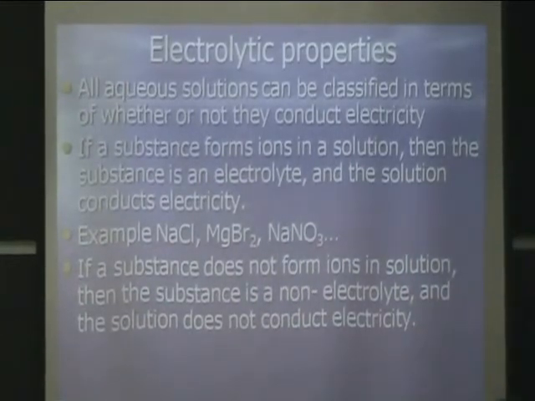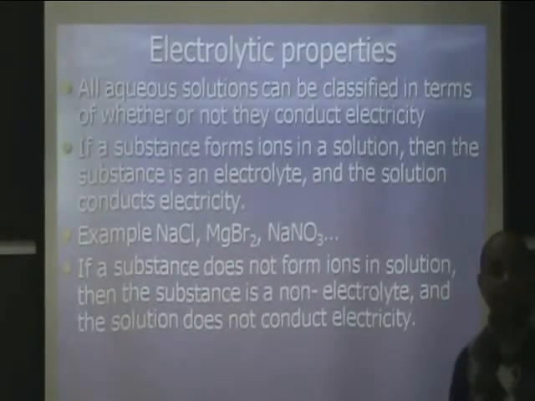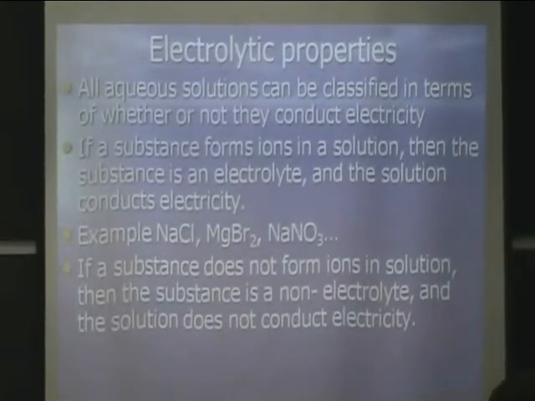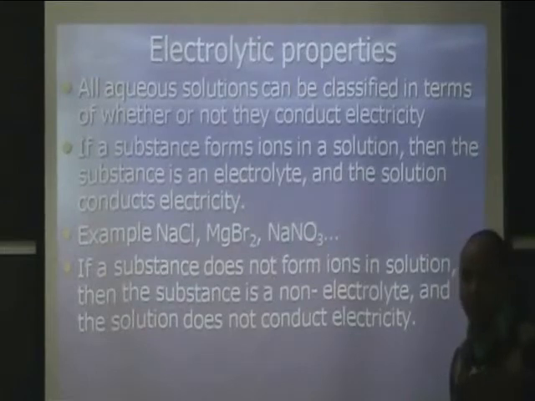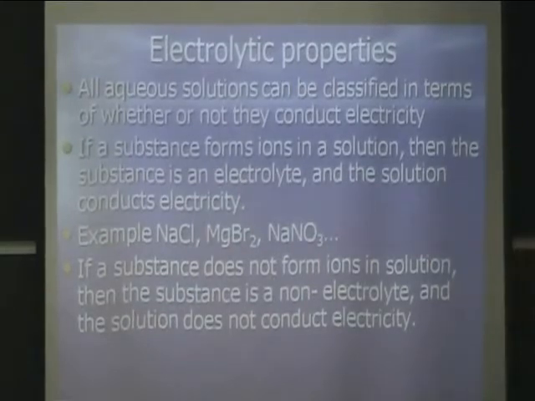Now, if a substance doesn't form ions in a solution, we call that substance a non-electrolyte. And the implication is that the solution doesn't conduct electricity. So electrolyte means a substance that can carry electric current, that has different ions, positive and negative.